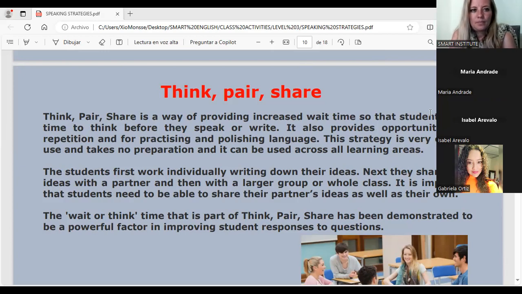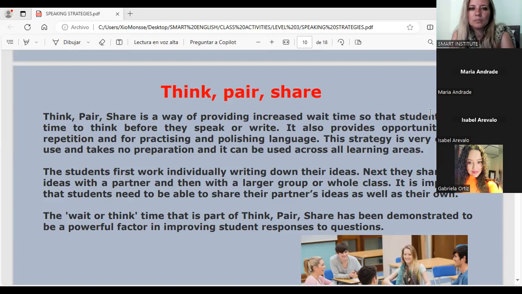It says, think, pair, share is a way of providing increased wait time so that students have time to think before they speak or write. It provides opportunities for repetition and for practicing and polishing language. This strategy is very easy to use and takes no preparation, and it can be used across all learning areas.